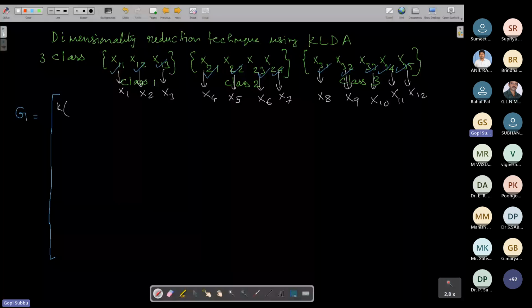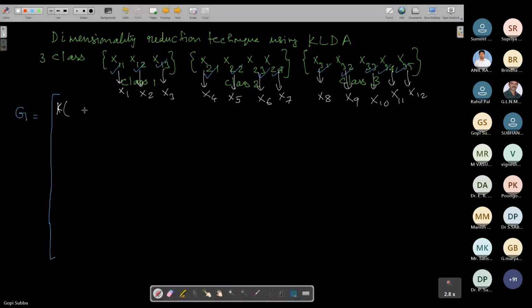Okay, right. So now you have 12 vectors: 3 vectors in class 1, 4 vectors in class 2, and 5 vectors in class 3. I am renaming them x1, x2, x3, x4, x5, x6, x7, and so on up to x12. The first step is to find this G matrix, which involves the kernel function.